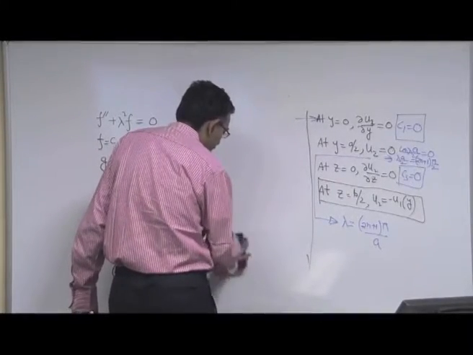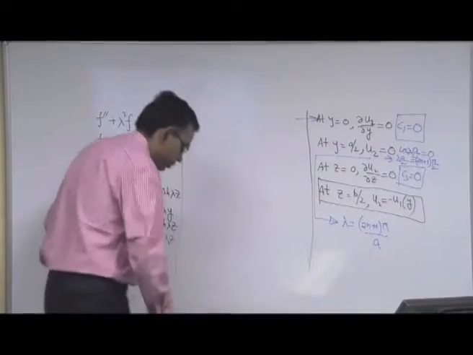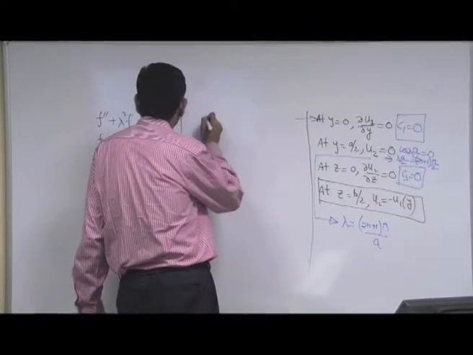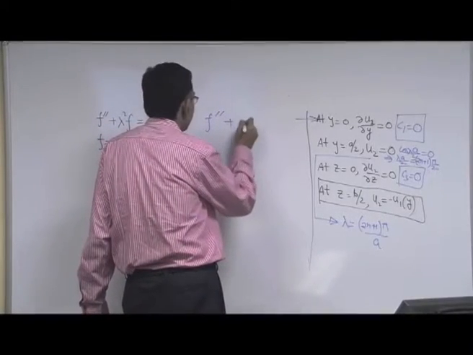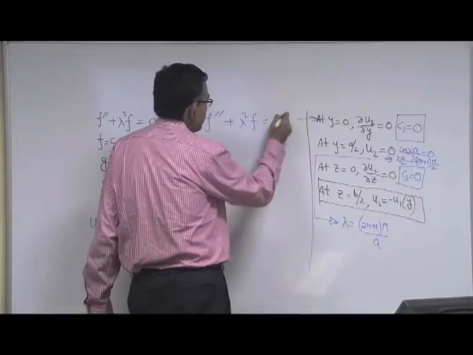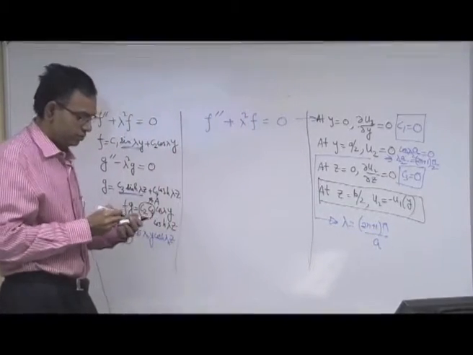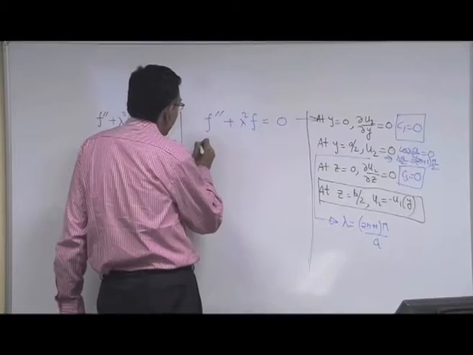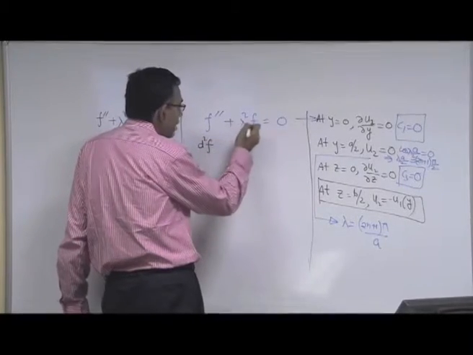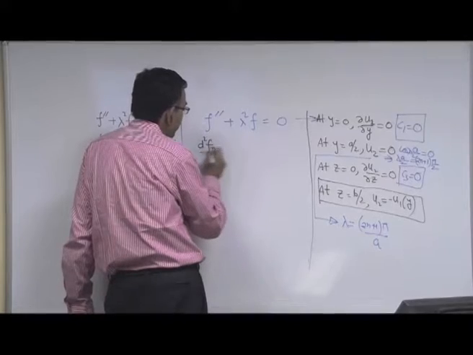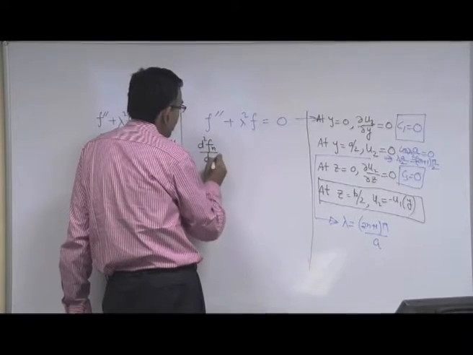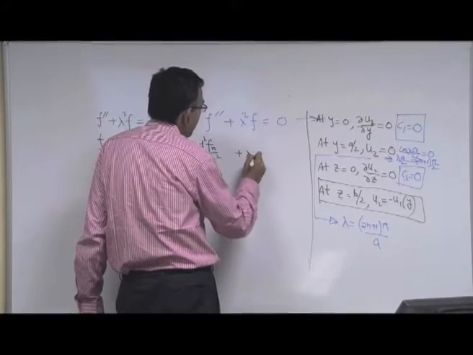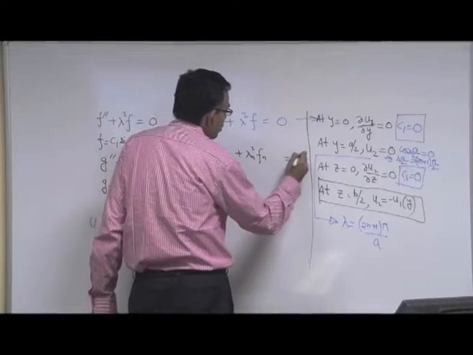To determine a n, let us consider that equation f double dash plus lambda square f is equal to 0. So, this is true for all values of n. So, we can write with f equal to f n, lambda will be equal to lambda n. So, d2 f n by dy2 plus lambda n square f n is equal to 0.